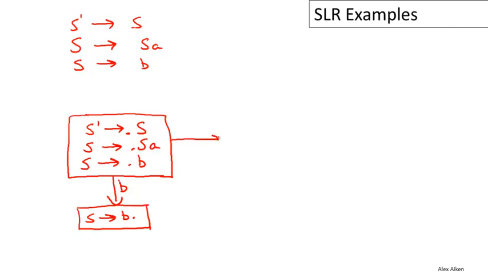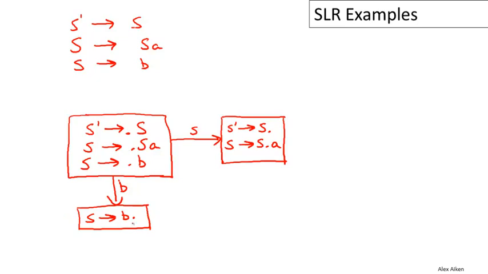Okay, so if we see an S on the stack, what will happen? Well, we're going to go to a state that has two items. S prime goes to S dot, so that we've seen S on the stack, and we're ready to reduce by this production, possibly. And also S goes to S dot A. Now let's talk about the state here at the bottom.